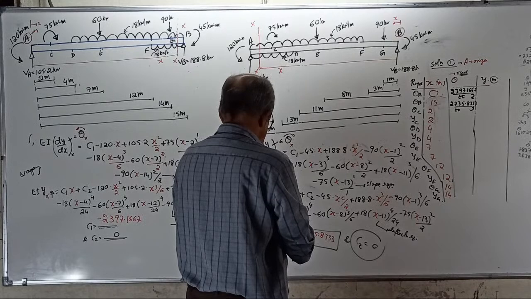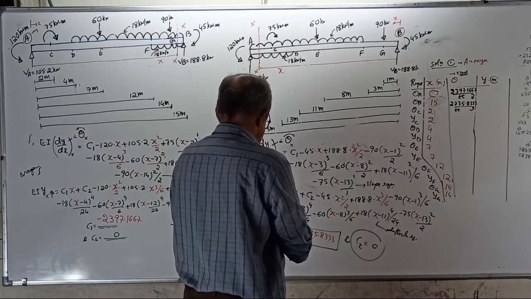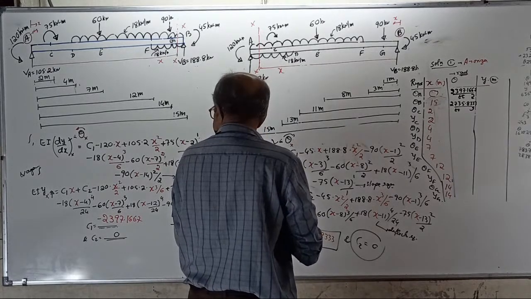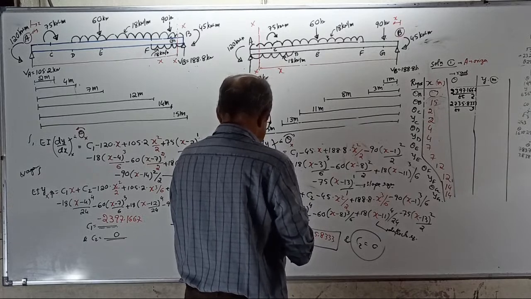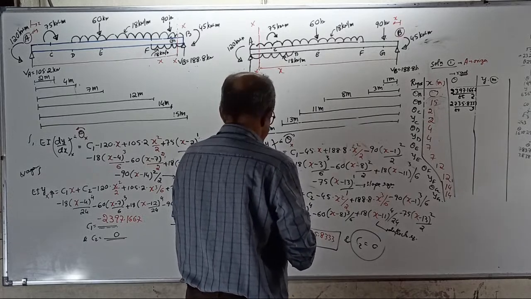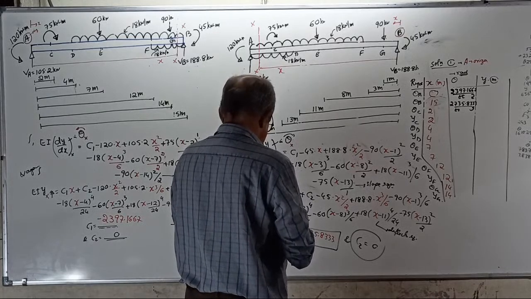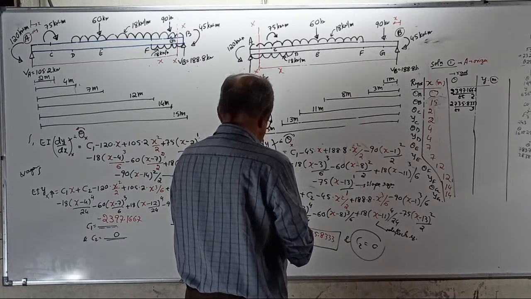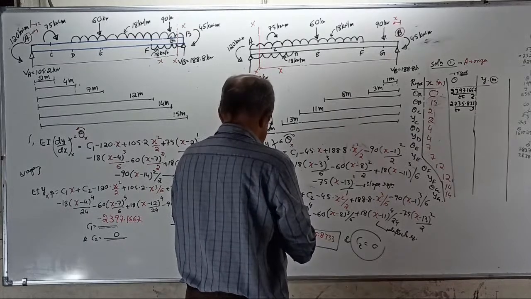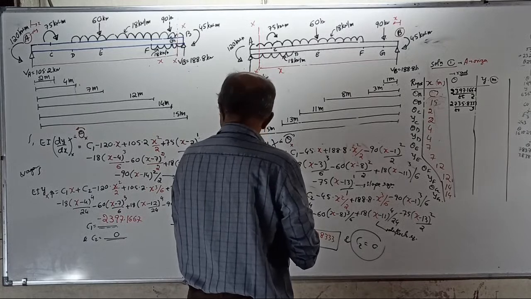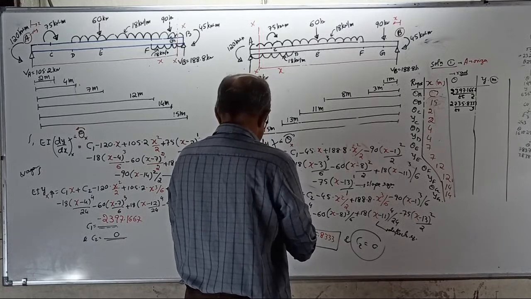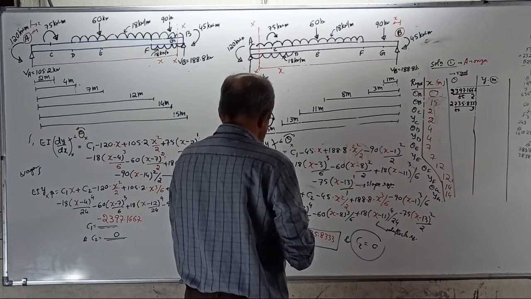I will store in memory B. So shift store A is that C1, shift store B is this C1. Minus 2735.8333, shift store B. Shift store A is 2397 point something, shift store B is 2735.